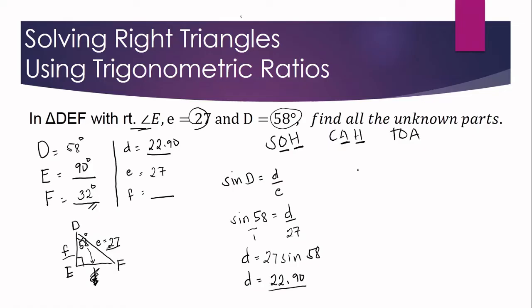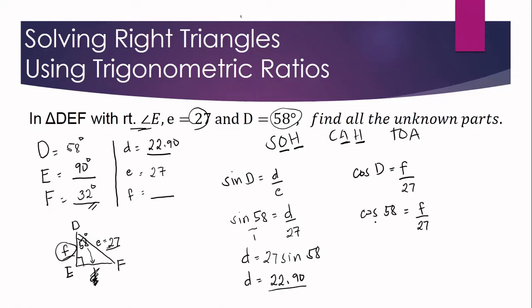And the equation will be cosine D, our angle is angle D, is equal to the adjacent side. And the adjacent side is F. So let's have F here over the hypotenuse, which is 27. Let us substitute the measure of our acute angle, which is 58 again. So we have cosine 58 is equal to F over 27.